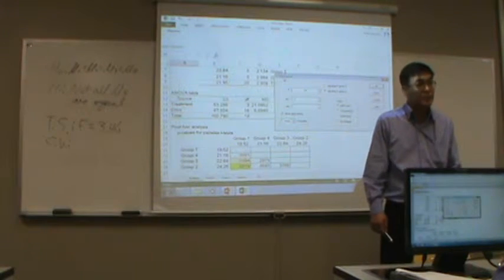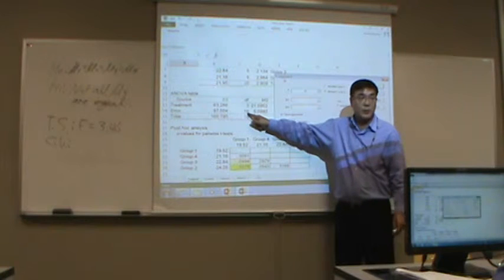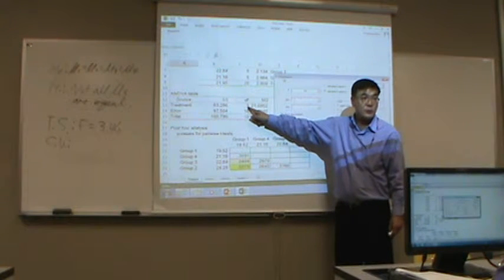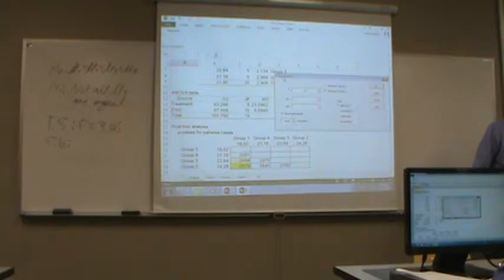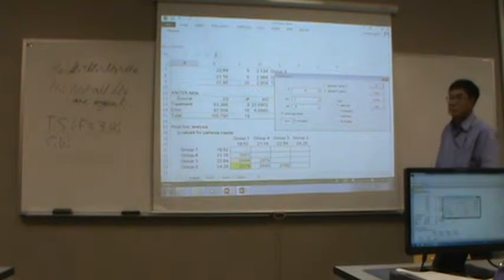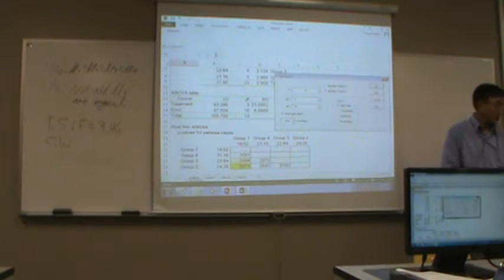DF2 is N minus C. But the ANOVA table shows DF1 and DF2. DF1 is 3, DF2 is 16. Good? Then click OK.